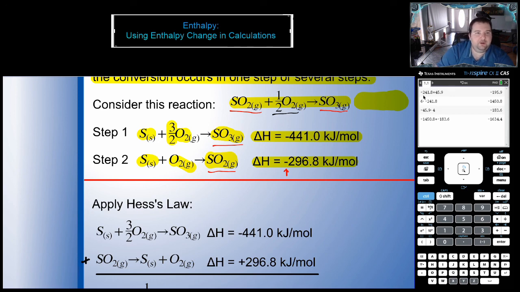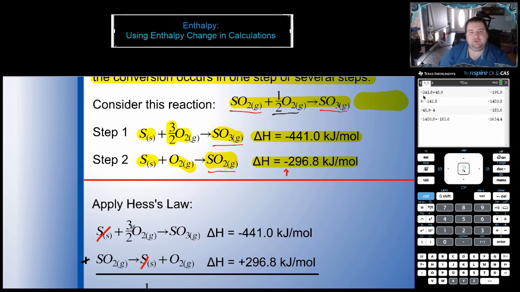And what's going to happen here? I want you to take a look at this. We have sulfur on the left and sulfur on the right. It's gone. SO2 on the left, there's no SO2 on the right, it stays. SO3 on the right, no SO3 on the left, it stays. There's oxygen on both sides though.